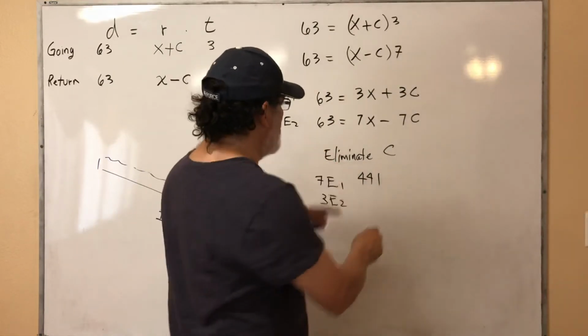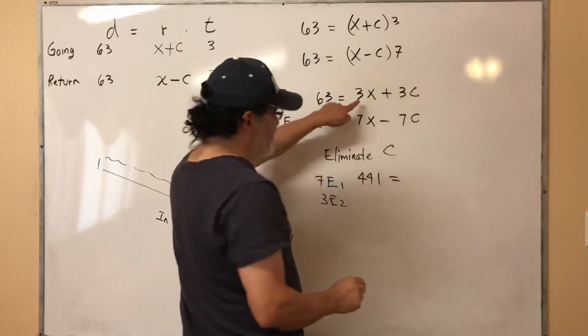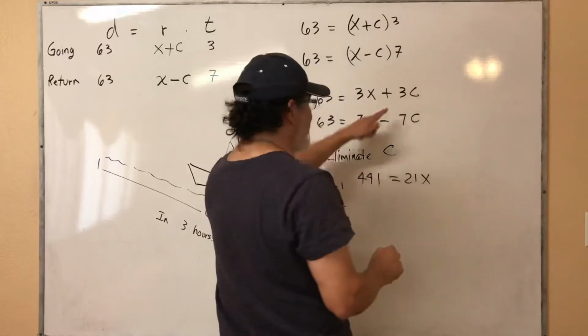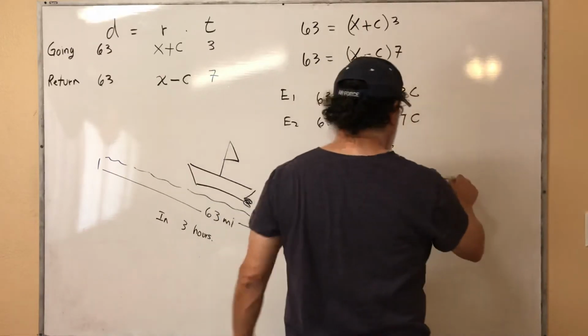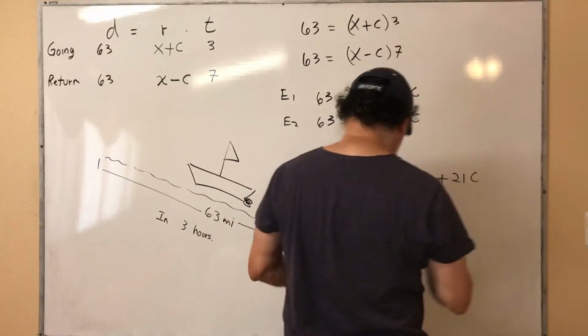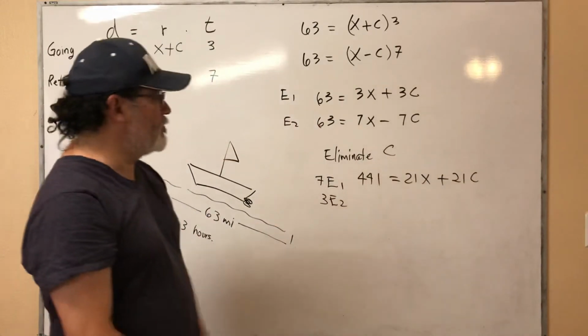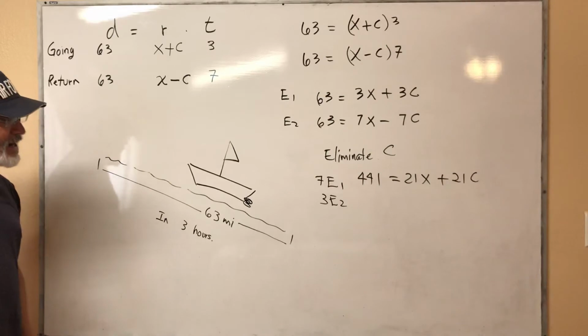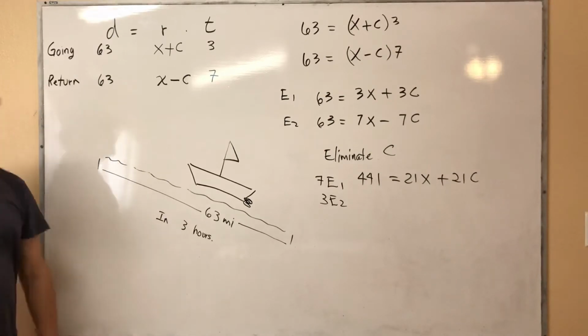And now, how about this one? 7 times 3x is 21x. 7 times 3c is plus 21c. There you go. Multiplied everything by 7.